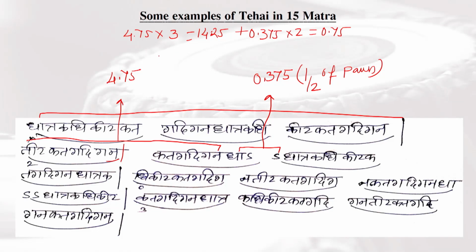So our calculation will be 14.25 plus 0.75, that becomes total 15. So it's a complex structure in itself, having one palla of 4.75 matra, that is paune 5 matra, and the pause will be 0.375, which is half of pawn matra.